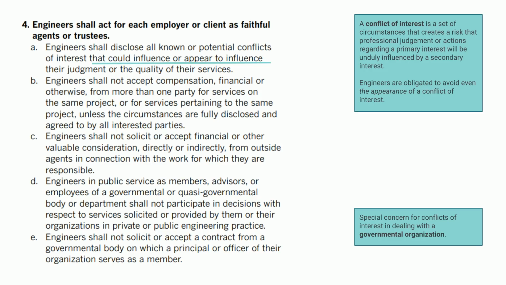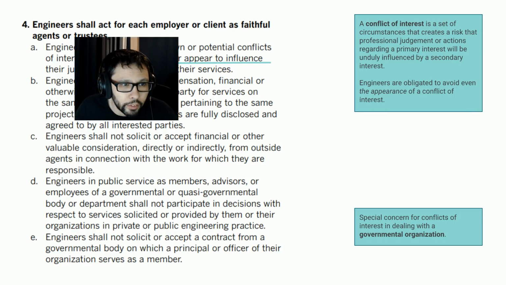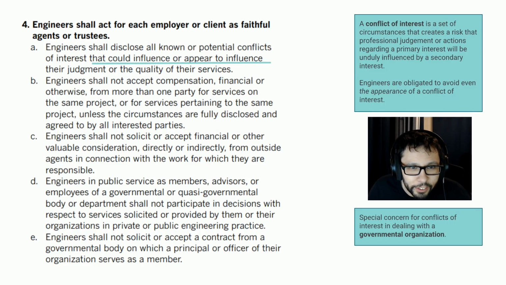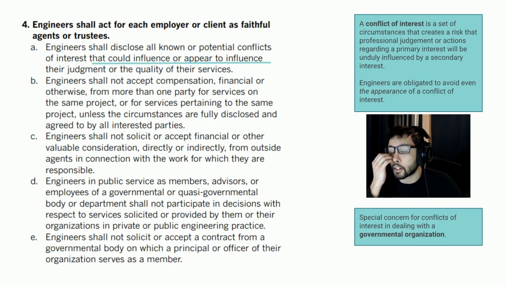If there appears to be a conflict of interest, that's enough to present some ethical obligations on what you have to do, right? So it's not enough that you just do the right thing. You also have to make sure that you appear to do the right thing so that everyone knows what's going on.